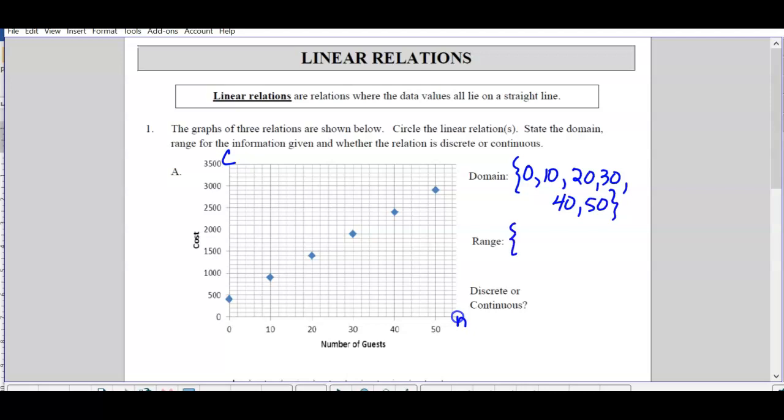Your range would be 400, 900, 1400, 1900, 2400, and 2900. And as I said, it's discrete. These are separate points. You can't have part of a guest, so it's discrete.